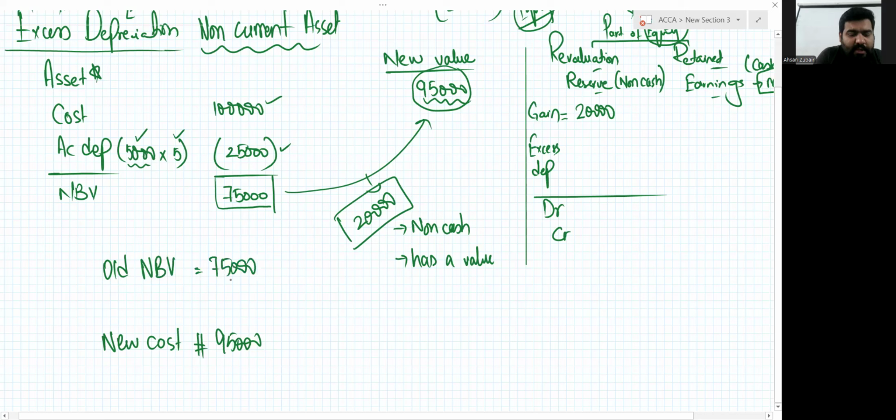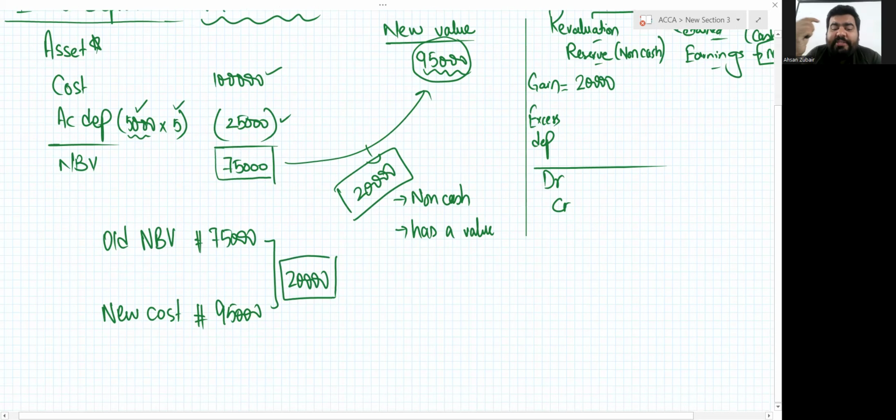At the point of revaluation, it was 75,000. So what happened? This 20,000 was an increase in the value of the asset, and from now onward, the depreciation will be changed.